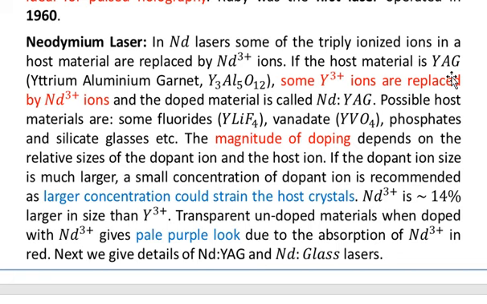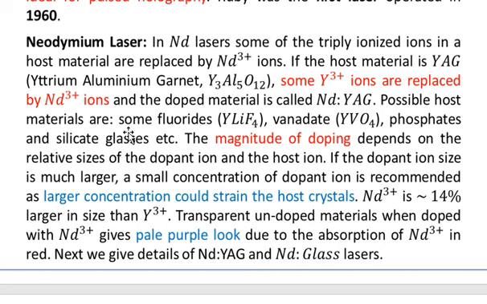If the host material is YAG, which is yttrium aluminium garnet, having the formula Y3Al5O12, some Y3+ ions are replaced by neodymium 3+ ions, and the doped material is called Nd:YAG.